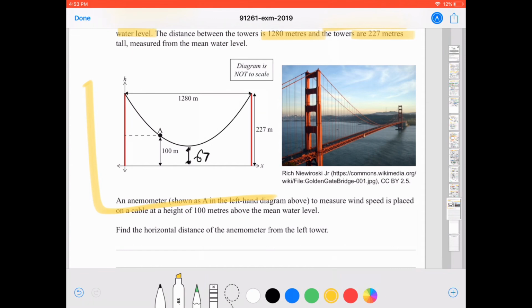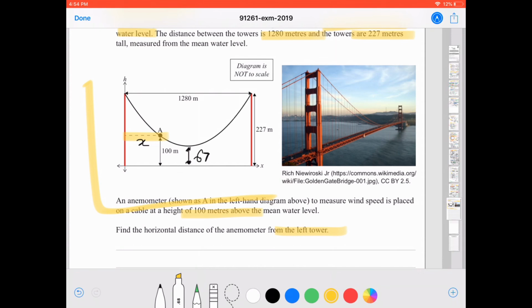An anemometer shown as A in the left-hand diagram above to measure wind speed is placed on a cable at a height of 100 meters above the mean water level. So that's A here. Find the horizontal distance of the anemometer from the left tower. So we're trying to find, let's call it x here, this distance here is what we're trying to find.